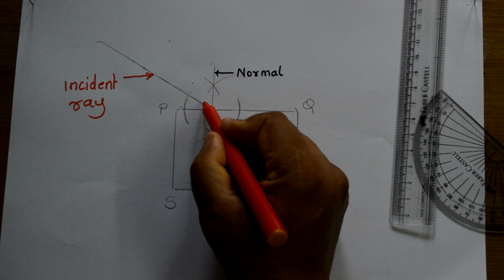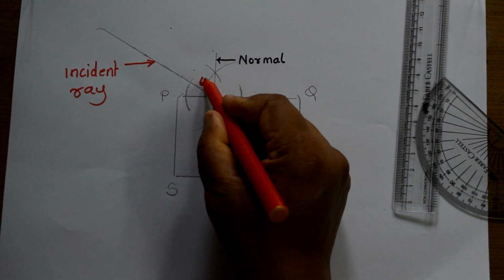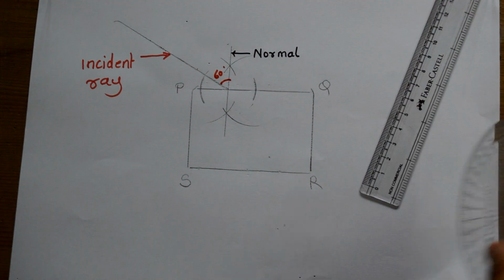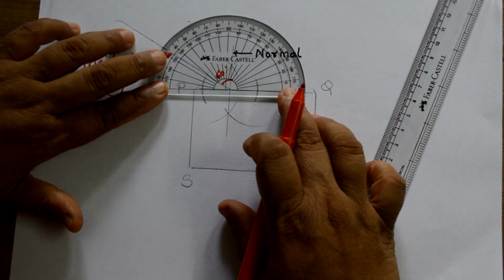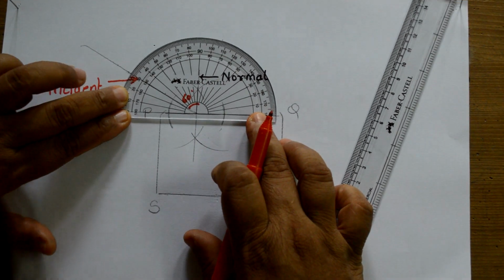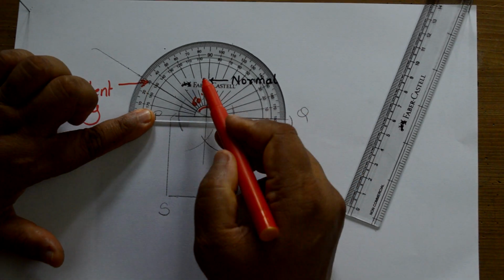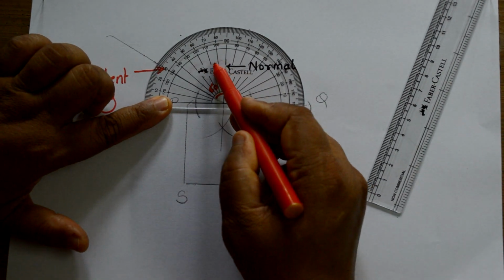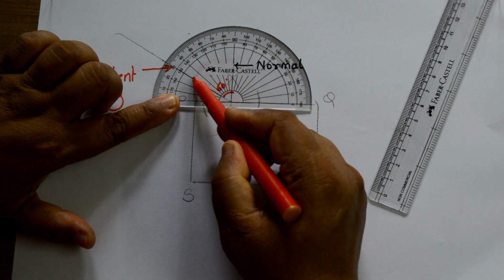For 60 degree angle of incidence, I have already drawn the outline of the glass slab and normal and measured. Now see the measurement of the angle. You can see children clearly, it is 10, 20, 30, 40, 50 and 60.